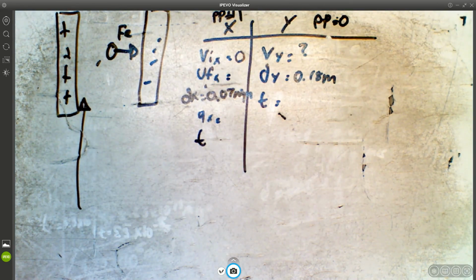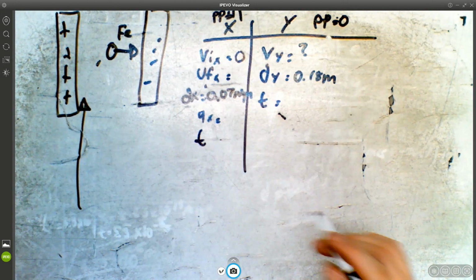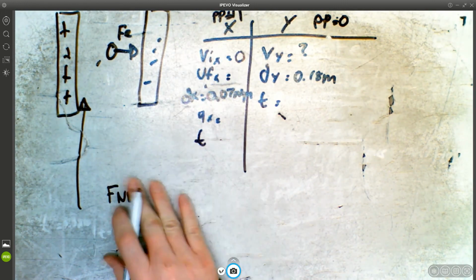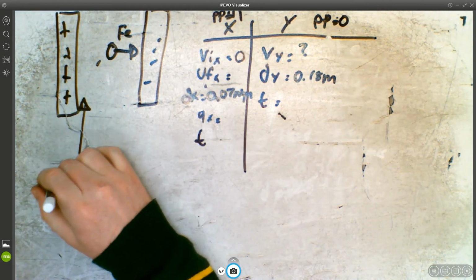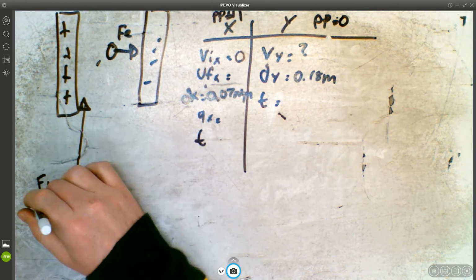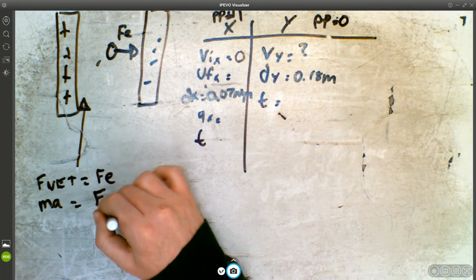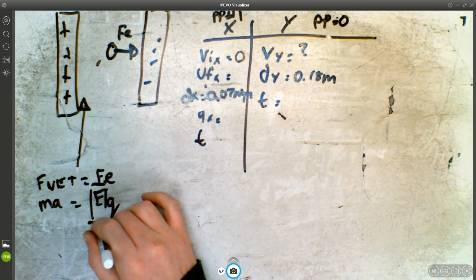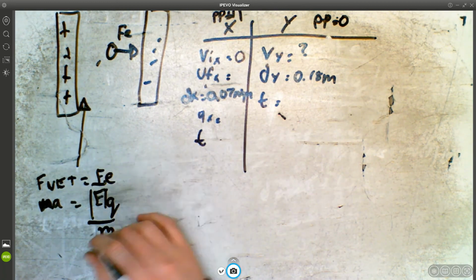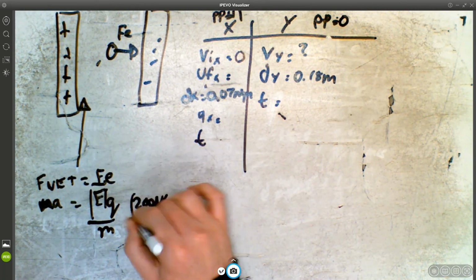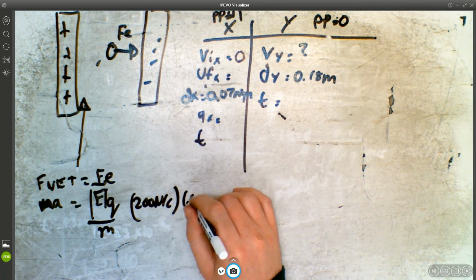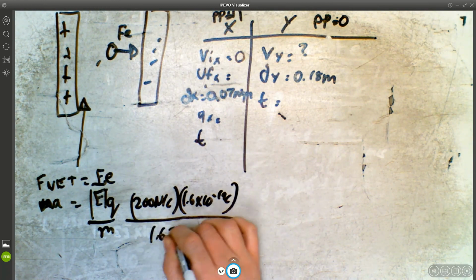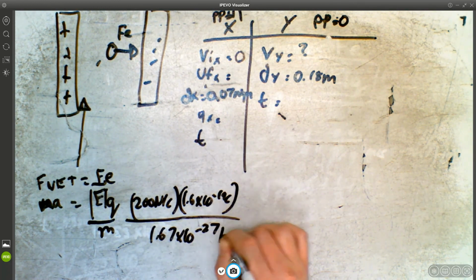Good. And then we just need our acceleration so we can figure it out with that, because we can write an F net equation. So F net equals Fe, ma equals our electric field times our q. They give us the electric field, divided by mass just like we did before. So it's going to be 200 newtons per coulomb, our charge of our proton 1.6 times 10 to the negative 19 coulombs. But remember, it has a different mass, 1.67 times 10 to the negative 27 kilograms.